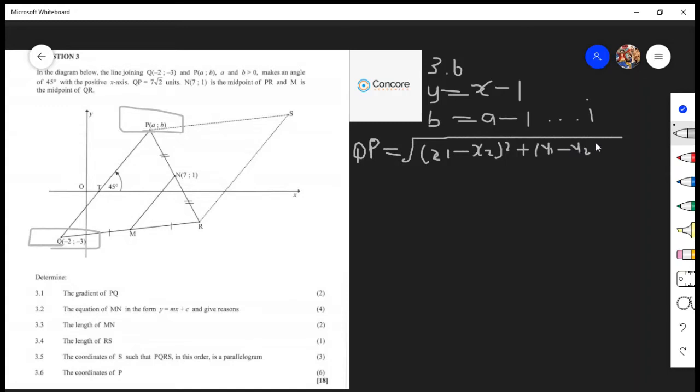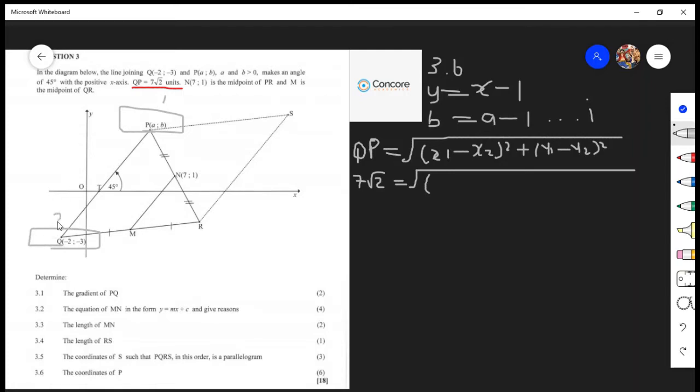Okay, so we can substitute. We know that our QP was given to us in the top paragraph to be 7 root 2. So we've got 7 root 2 is then equal to, okay, so now let's make our P values our x1 and y1 and our Q values our x2 and y2.